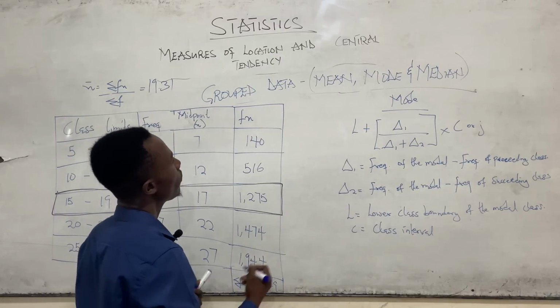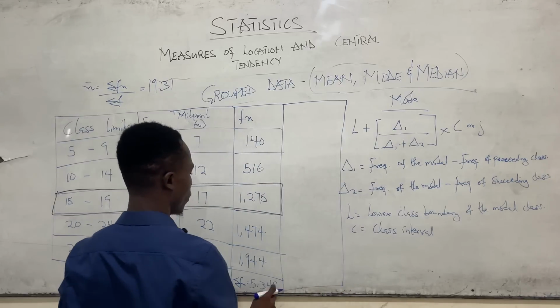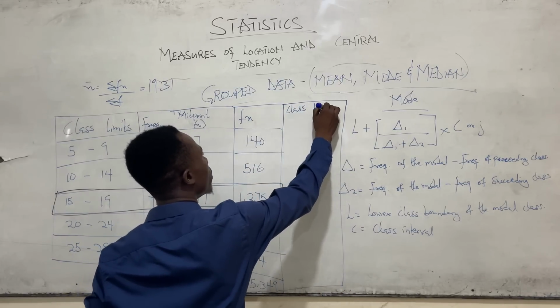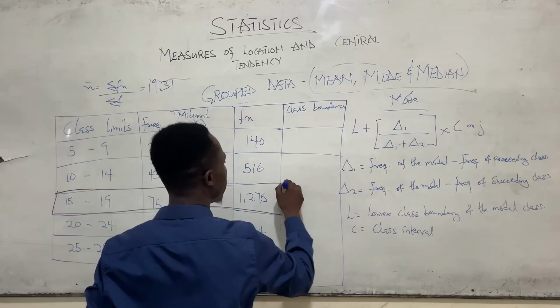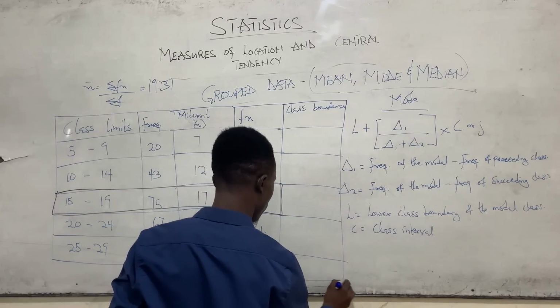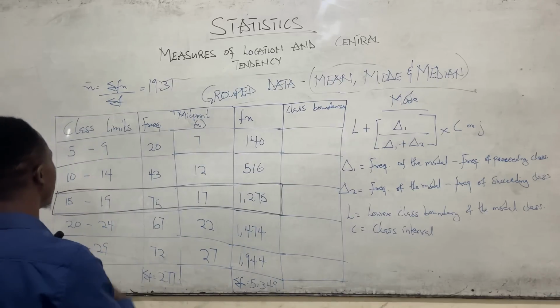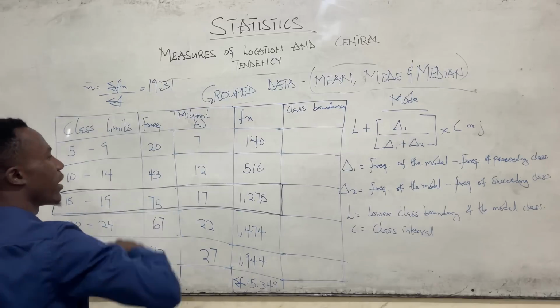Okay. So, class boundaries. You know already, we said it is the difference between the diagonals divided by 2.